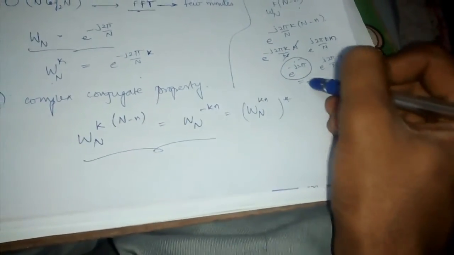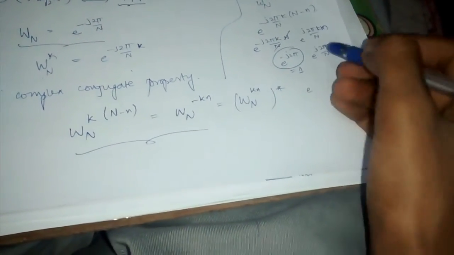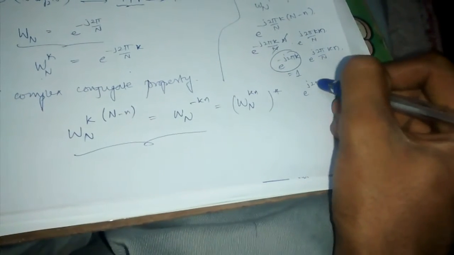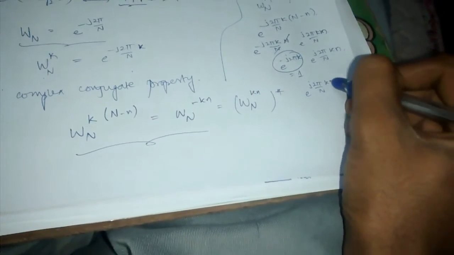This value is 1, so we get e power j 2 pi by N times kn.